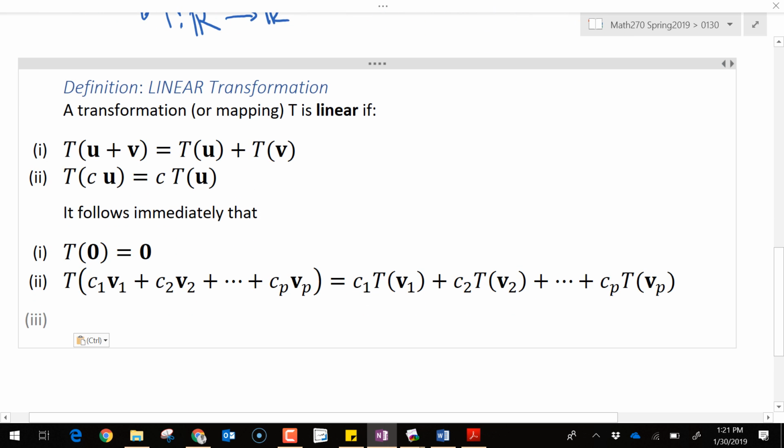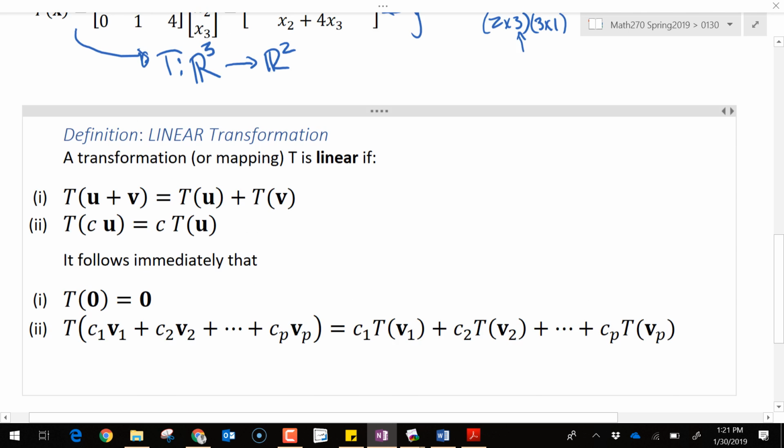If you have a linear transformation, then you can write your transformation as a matrix. If you have a matrix transformation, then that is a linear transformation. If you have a regular transformation that is not linear, then you cannot write it as a matrix. So the matrix transformation will only work for linear transformations.